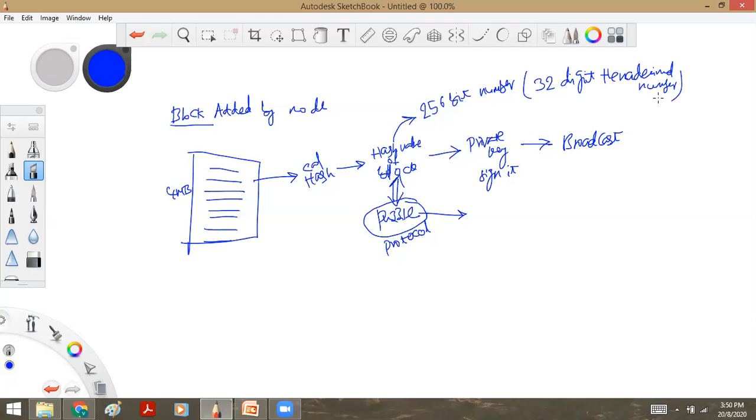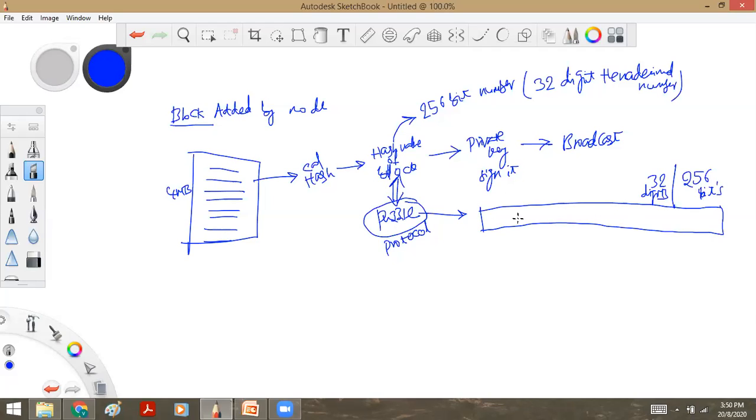Last time I showed you the block hash in the block explorer and how the hash value looks. Every block has a hash value which is calculated. The puzzle is nothing but a 256-bit number, or 32 hexadecimal digits.